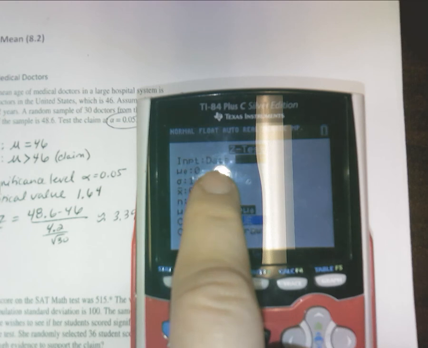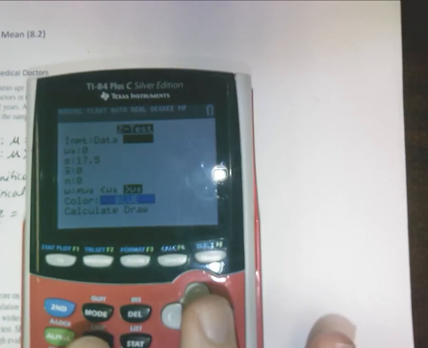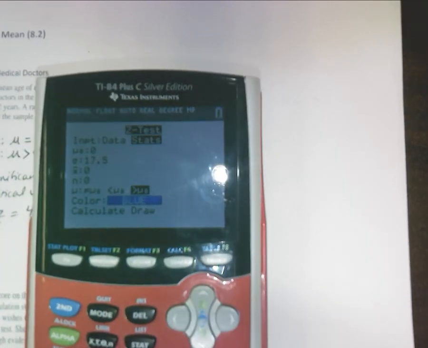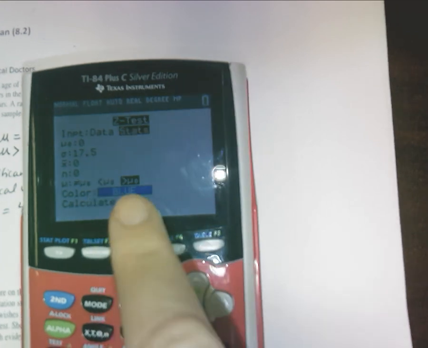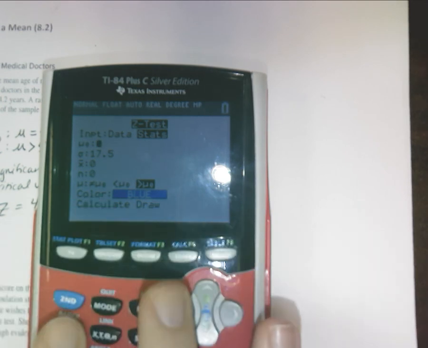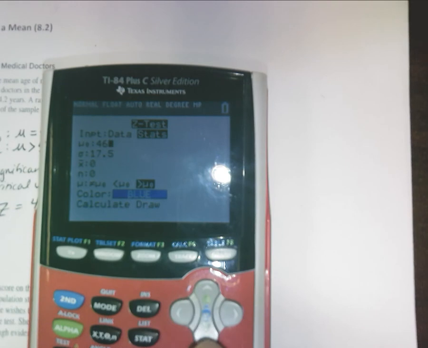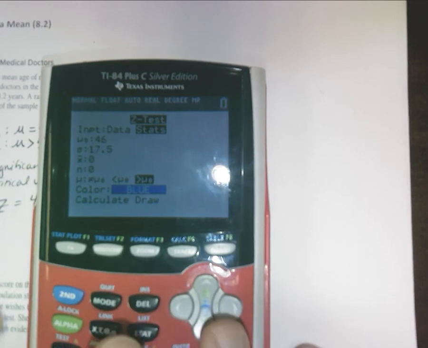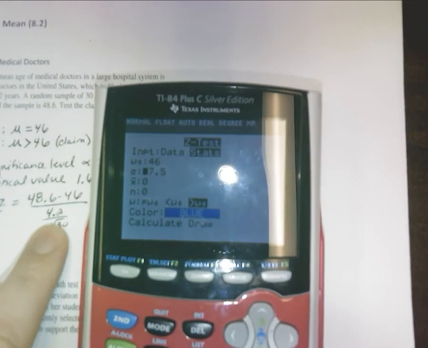You're going to have 2 choices, data and stats, okay? Obviously, we've got all this stats, so we don't need data. So we're going to input stats in. So mu sub 0 is what is our population's mu? What does our population mean? And we know that that's 46. What's the standard deviation? 4.2.